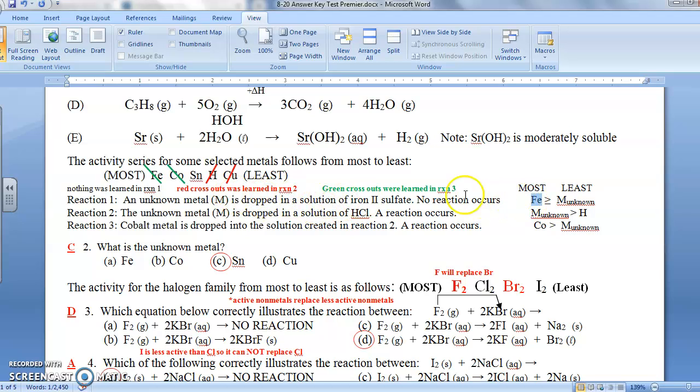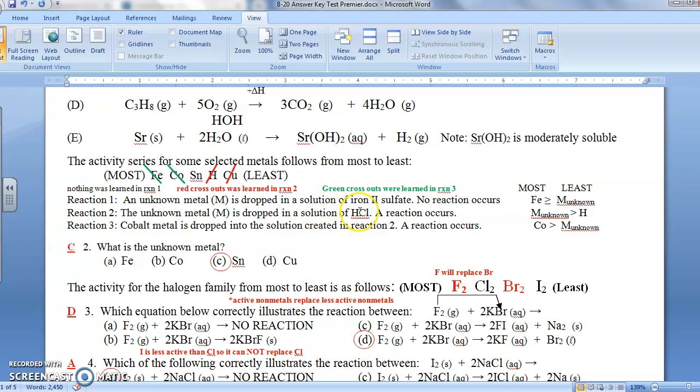So what did we learn by dropping this unknown metal in a solution containing iron ions? No reaction occurred. What we learned was essentially nothing. It could still be iron, but it could also be cobalt, tin, or copper. It's still one of those 4 metals. We learned nothing.